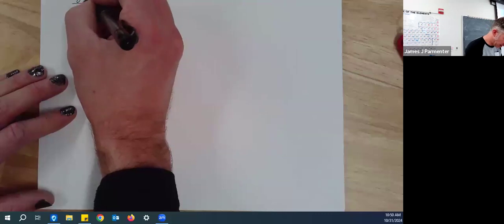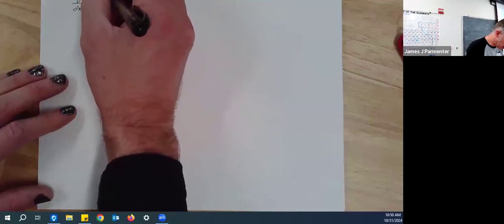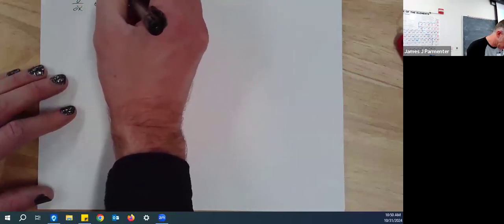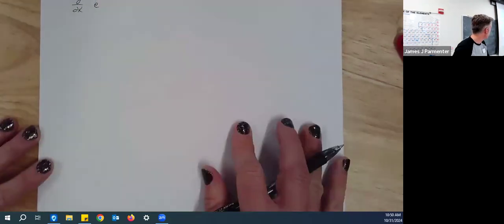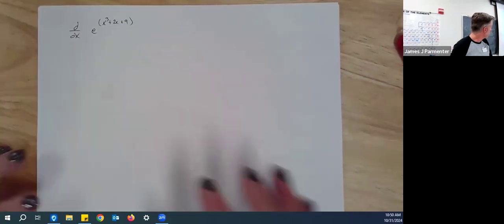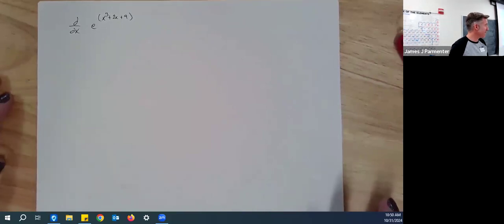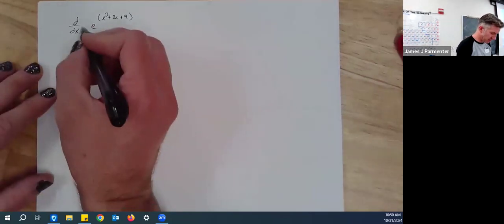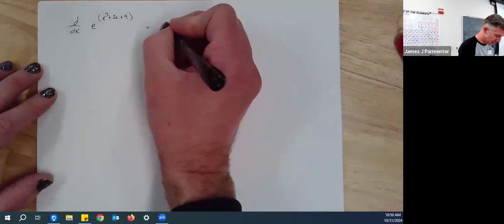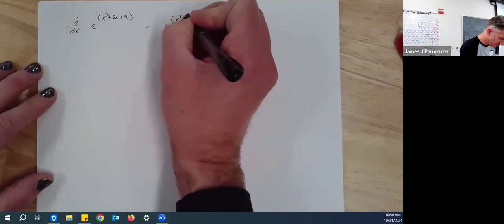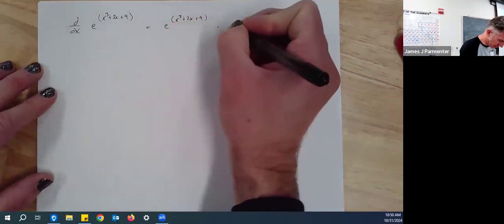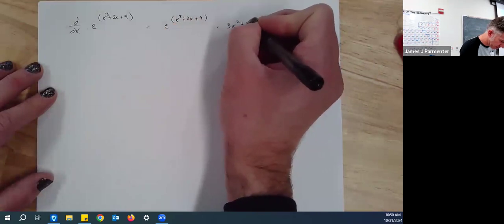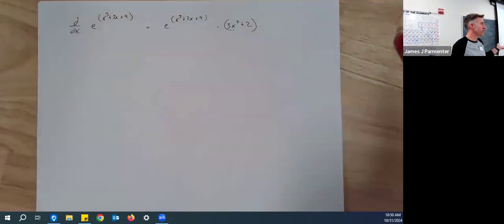So the derivative of something like e to the x cubed plus 2x plus 9 is e to the stuff times the derivative of the stuff. End of story.